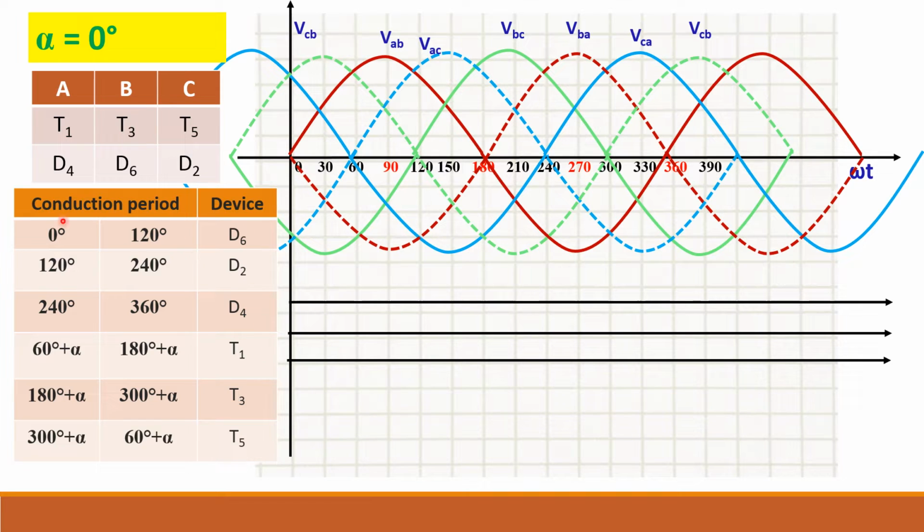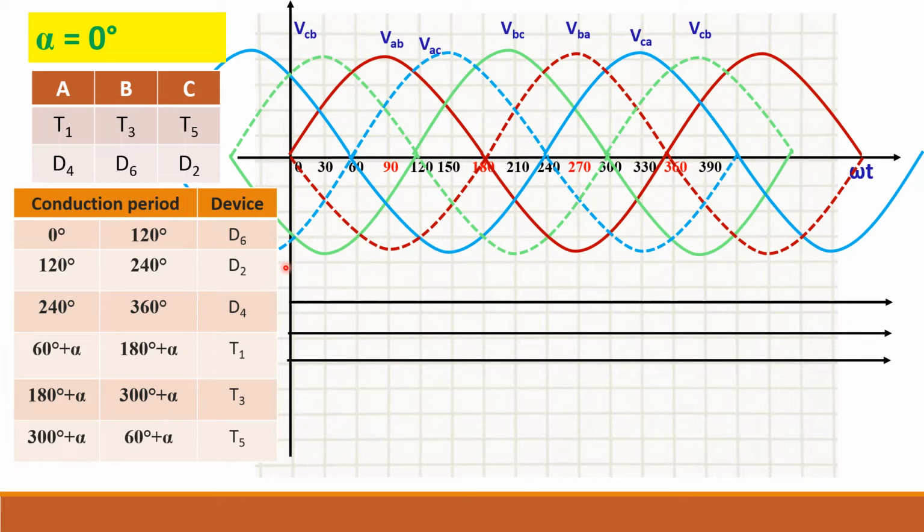Let us take the period 0 to 120 degrees. I am saying D6 is conducting. It means D6 is connected to B phase, and it is a lower device. So when B phase is most negative, D6 will conduct.